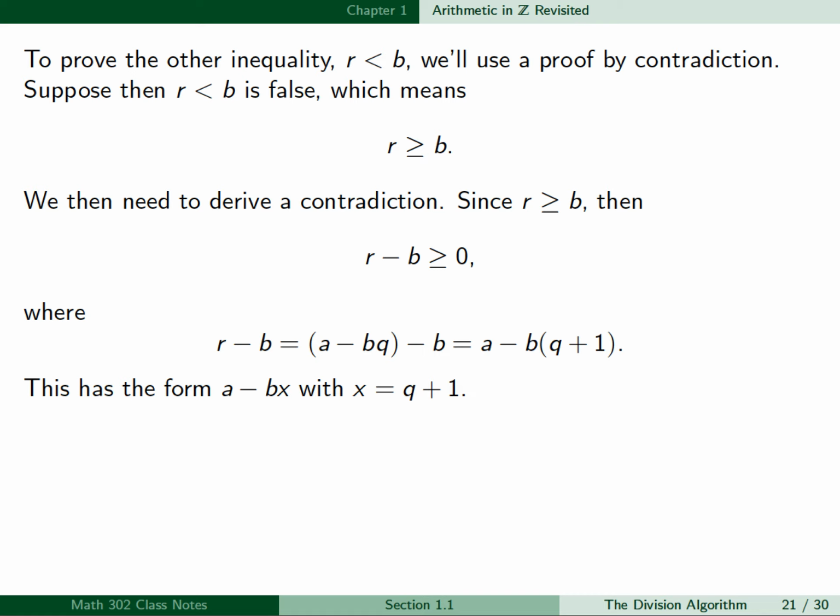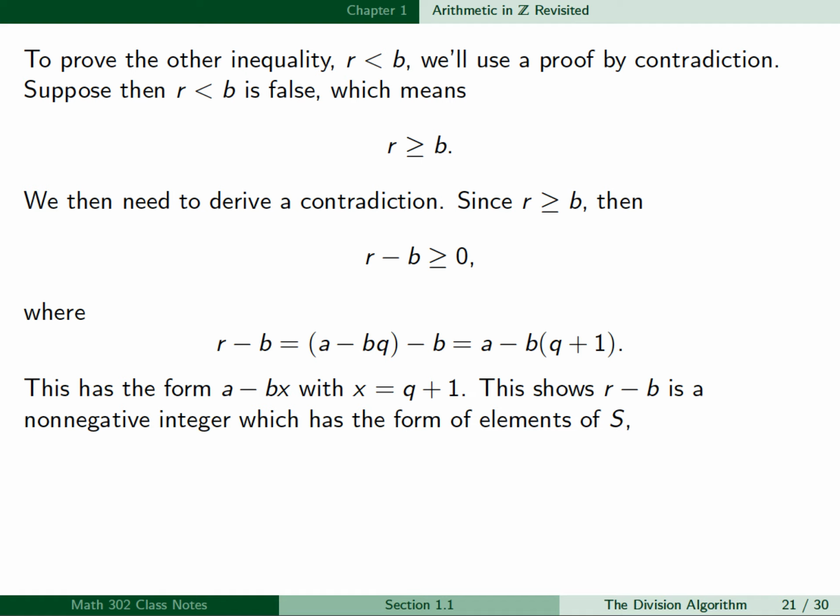And now this has the form a minus bx, where x is equal to q plus 1. So this looks like an element of S. It has the form a minus bx of elements of S, where x is an integer. And so this shows that r minus b is a non-negative integer which has the form of elements of S, so belongs to S.